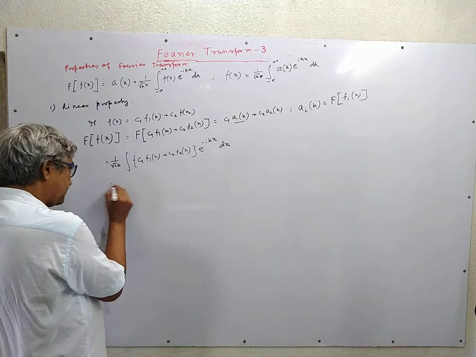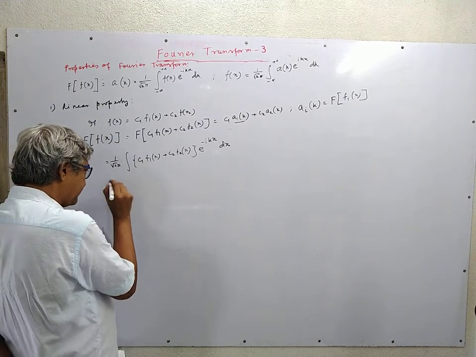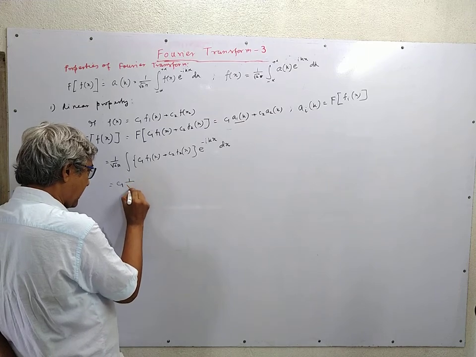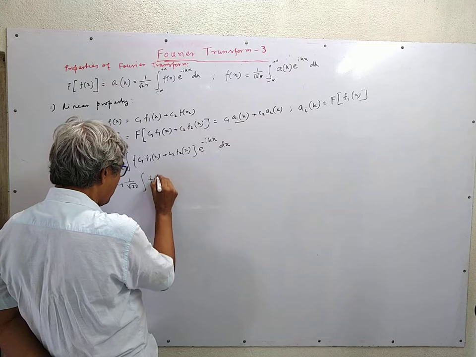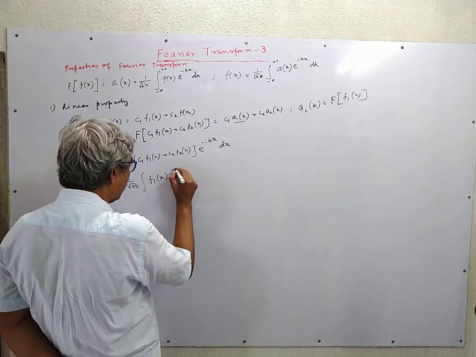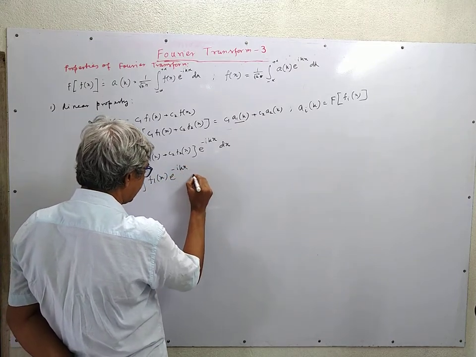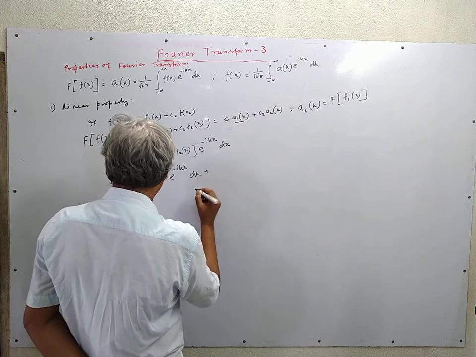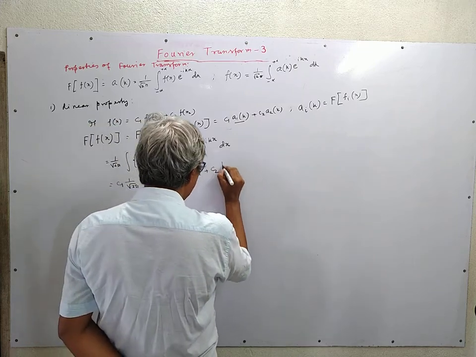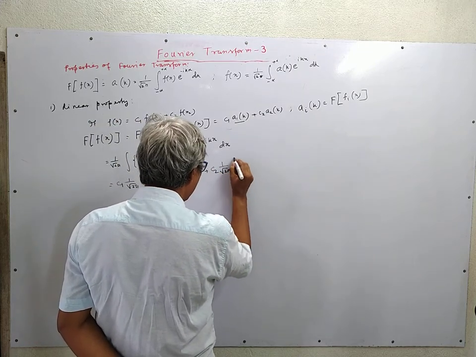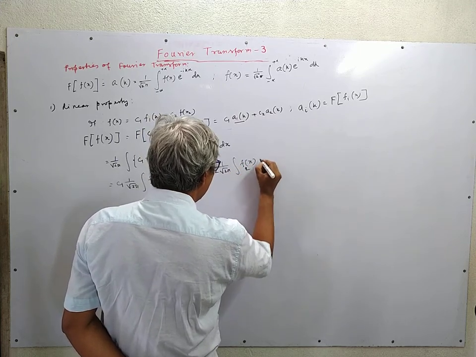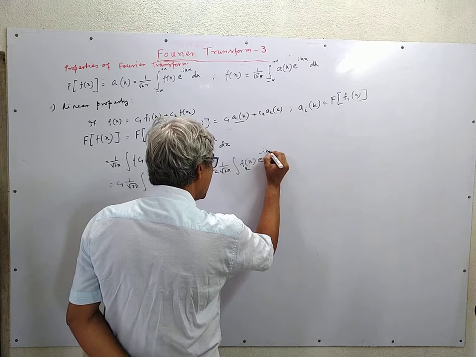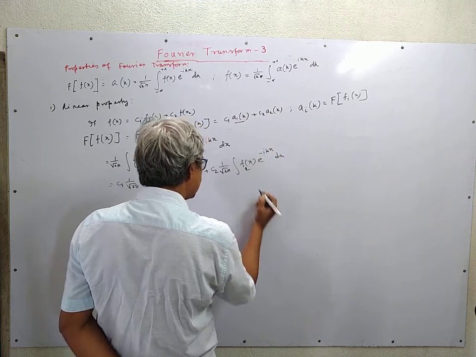Since c is constant, we can take it out of the integration sign and write it as 1 upon root 2 pi integration f1 of x e to the power minus i k x dx plus c2 1 upon root 2 pi integration f2 of x e to the power minus i k x dx.